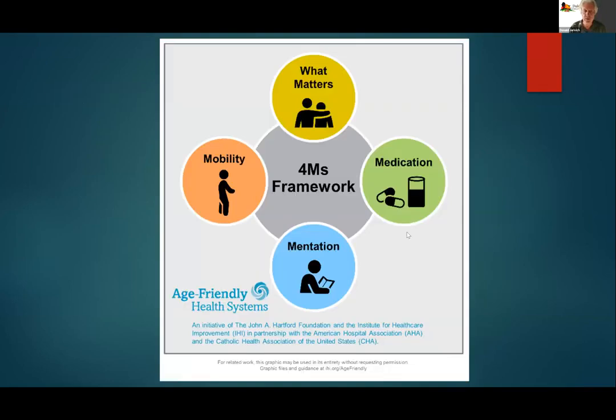So what those 4 primary elements are is at the top, what matters, assessing medication use, evaluating mentation, both for depression and cognitive impairment, delirium, and dementia. And then finally, evaluating mobility impairments or needs of the older adult. So these are all what we're going to be calling the 4 M's moving forward here.